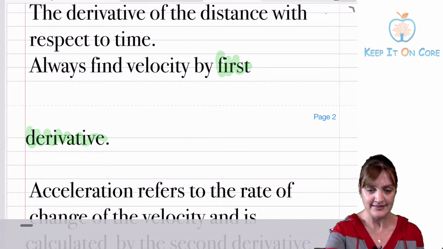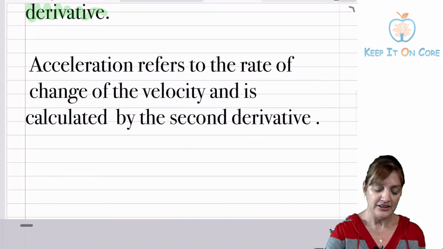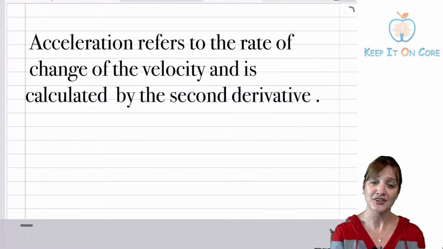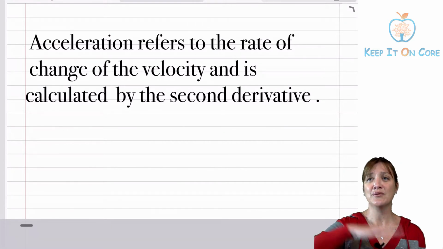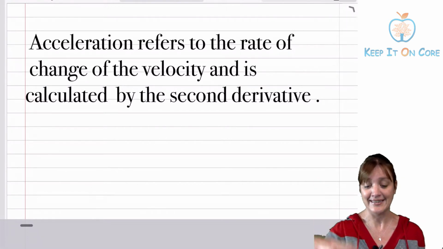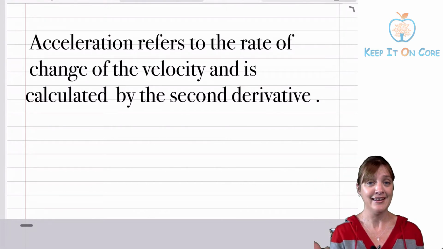Okay, excellent. What about acceleration? The concept of acceleration is that we're talking about the rate of change of your rate of change. As your rate of change is going, is that rate of change increasing or decreasing, which would be represented by the acceleration.